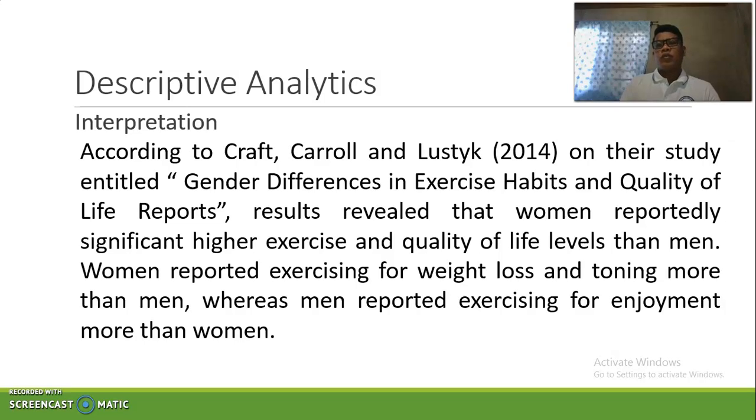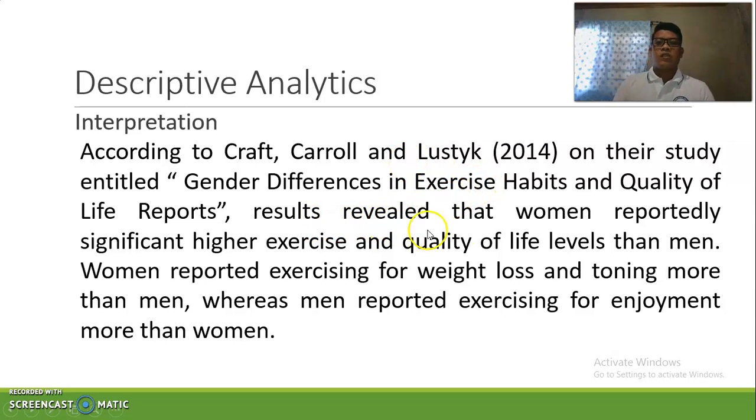And of course, we also have to include some information that could support our study. So we crafted some journals that could support our study, on gender differences in exercise habits and quality of life reports by Kraft, Carroll, and Lustig.